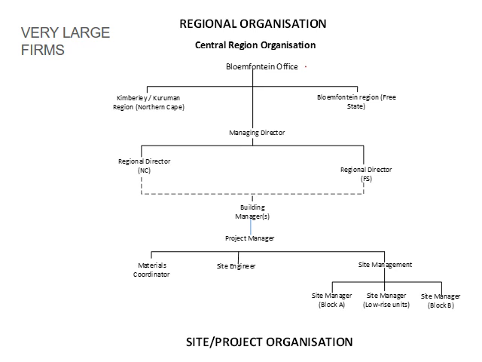You may have a Bloemfontein office in a central region, and then Kimberley Kuruman as one office, and the Bloemfontein region as another office. You have a manager for them, then you have a regional manager for each, and you've got the building managers, project managers, material coordination, site engineers, and so forth.